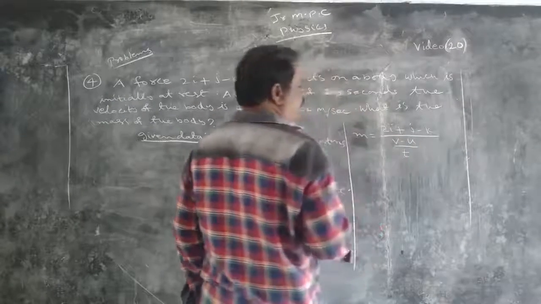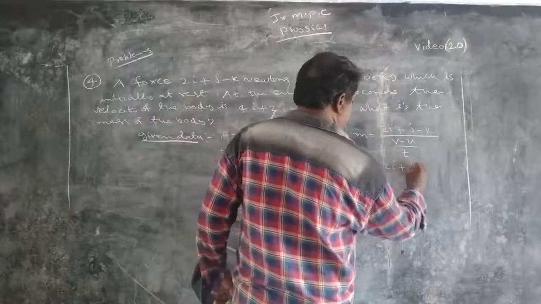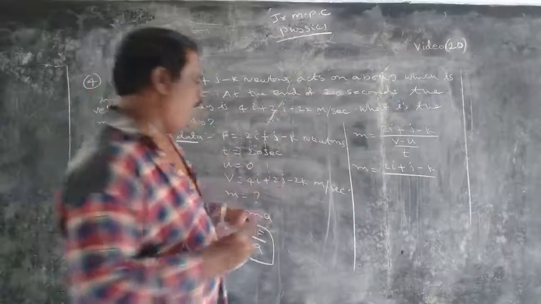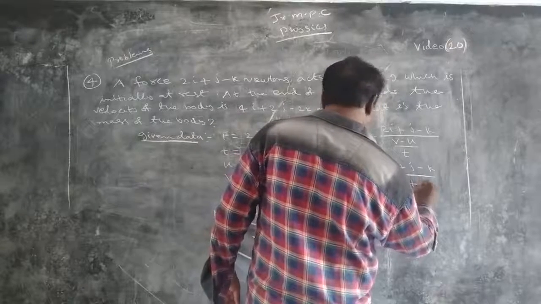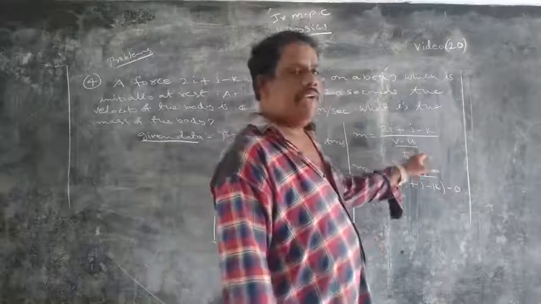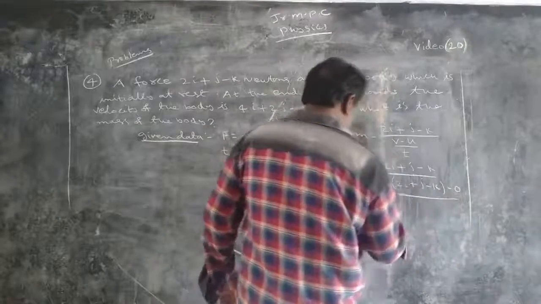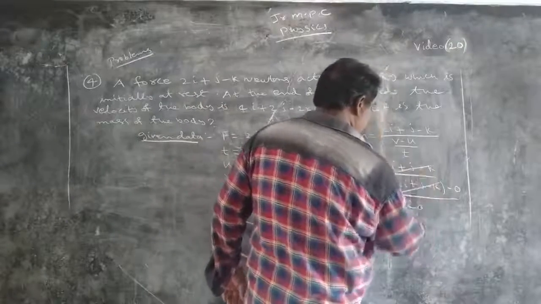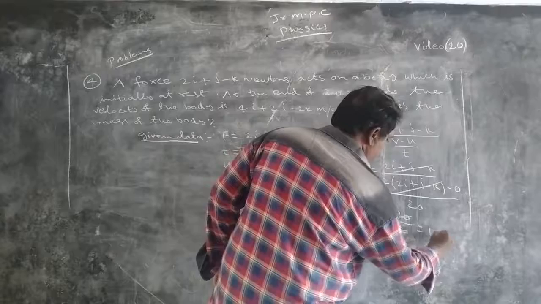Then m is equal to 2i plus j minus k by v, final velocity they are given 4i plus 2j minus 2k, that is 2 taken out common, then it becomes 2i plus j minus k minus 0, because u value will be 0 because the body is initially at rest, by time. How much time they are given? 20 seconds. So it will become cancelled. Then m is equal to 20 by 2, that is equal to 10 kg.